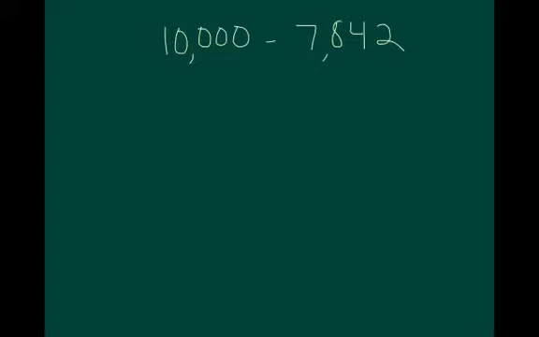So I'm going to go ahead and think about this as minus 1. So I know that's 9,999 minus 7,000. I'm going to subtract 1 from here, 8,401. So now it'll be a lot easier for me to go ahead and do that subtraction.